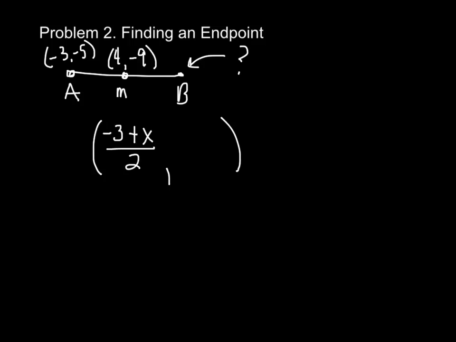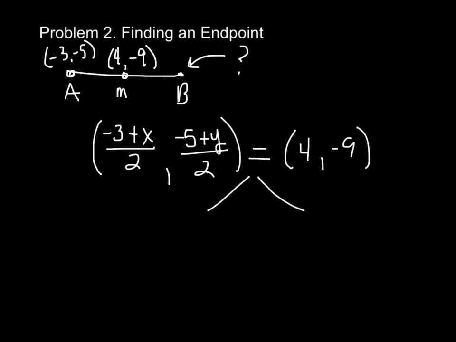And then I take my y values and divide them by 2. And that's going to give me my midpoint. Well, I already know my midpoint is 4, -9. So what you have here are two separate equations. You have -3 plus x divided by 2 gives you 4. And you have -5 plus y divided by 2 gives you -9.